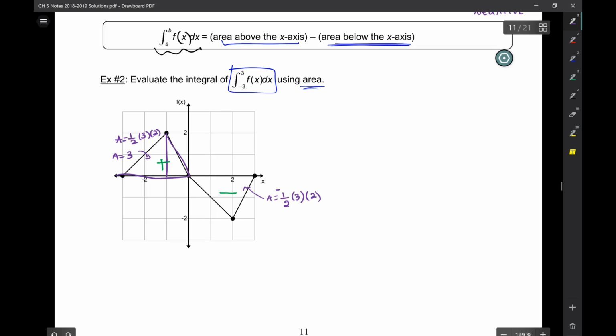So the total area, from negative 3 to 3, f of x dx is equal to positive 3, and then minus the other 3, 0. So this has an area of 0 because the area on top just cancels with the area on the bottom.